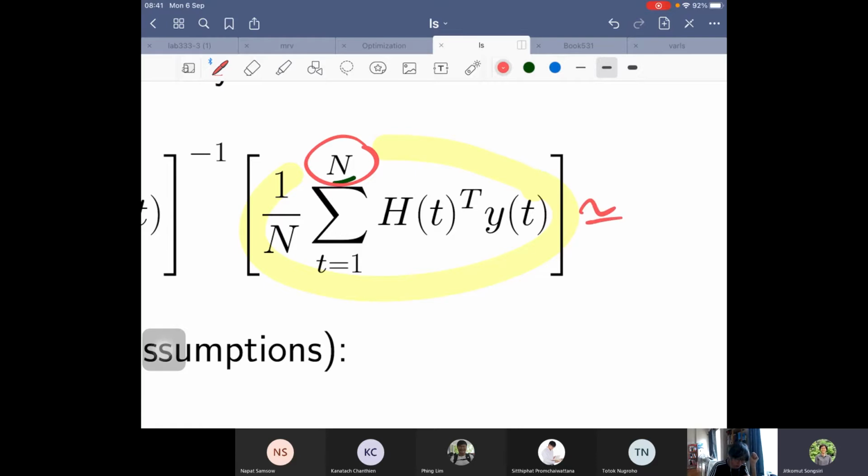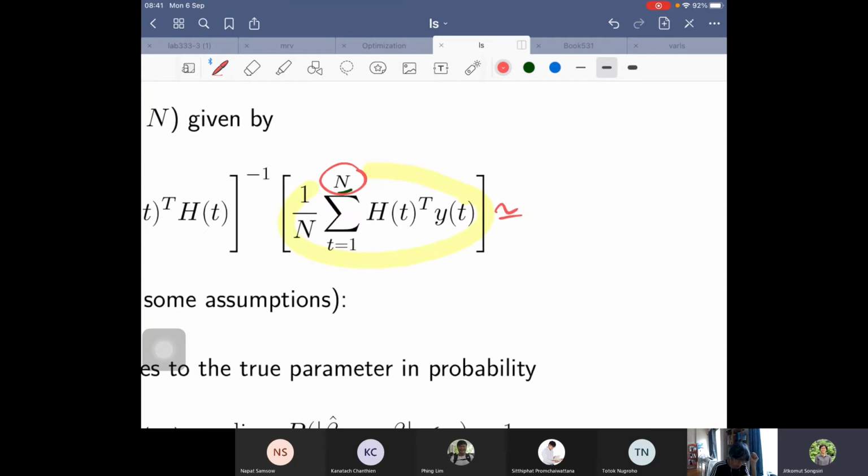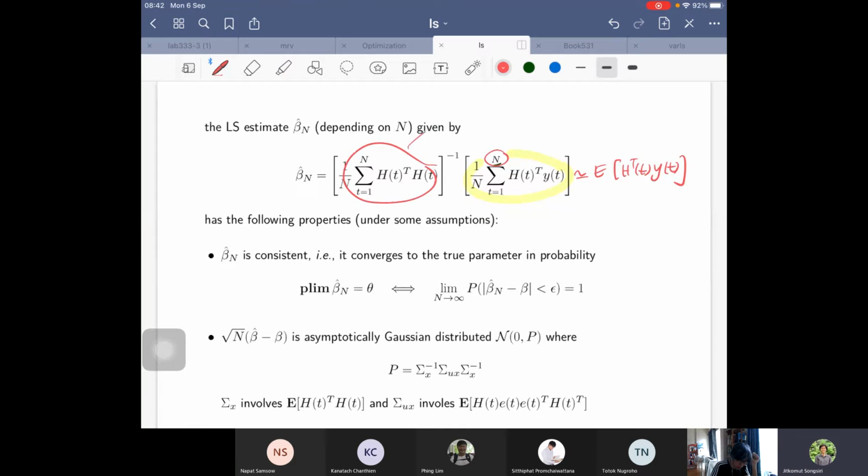So this is approximated by the expectation of H transpose y, and this is approximated by the expectation of H transpose H. Think of it as the sample version of the expectation.